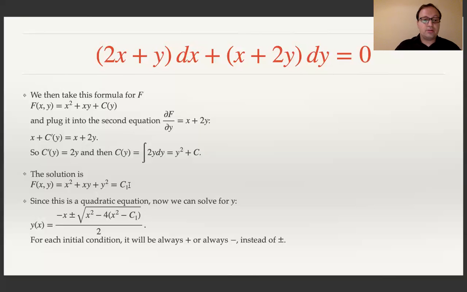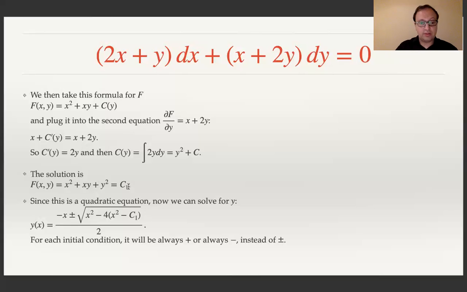Now, this is the solution in implicit form, and finally, we have an equation for which we can go further and solve for y. Notice that this is a quadratic equation in y. Namely, we can write it as y squared + xy + x squared - c1 = 0.